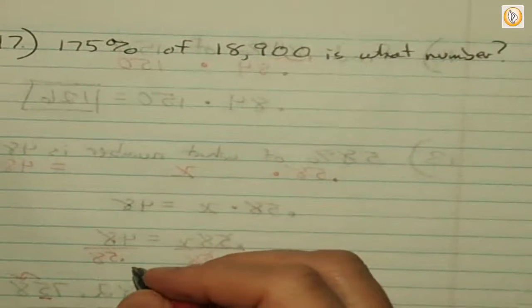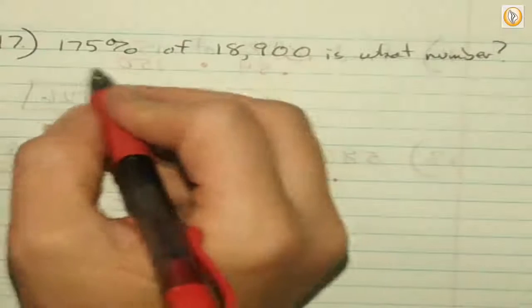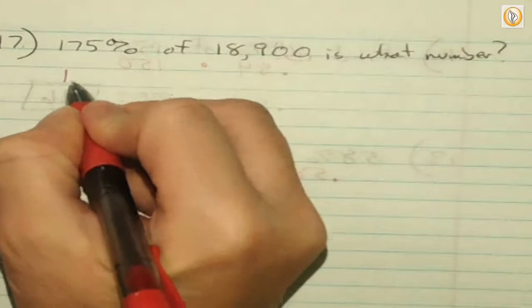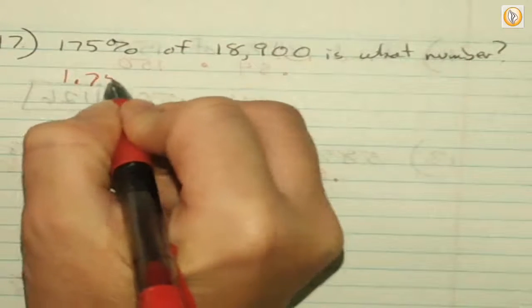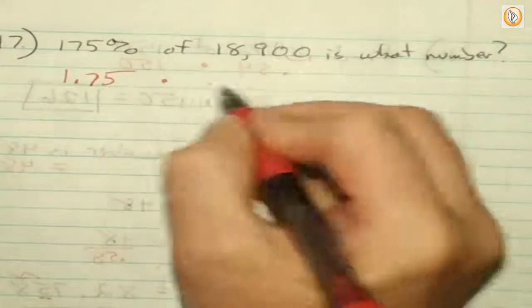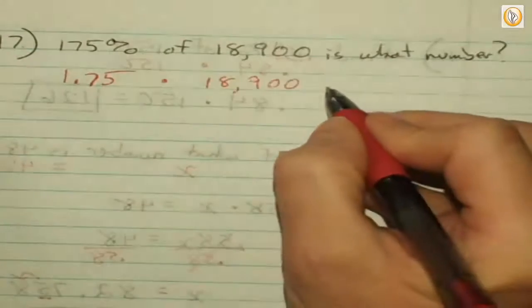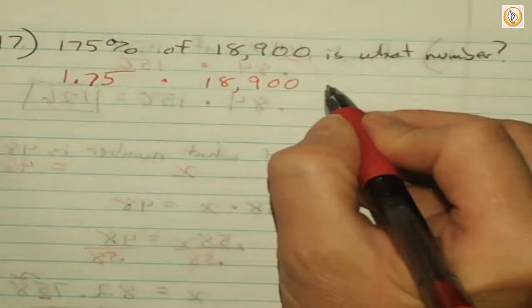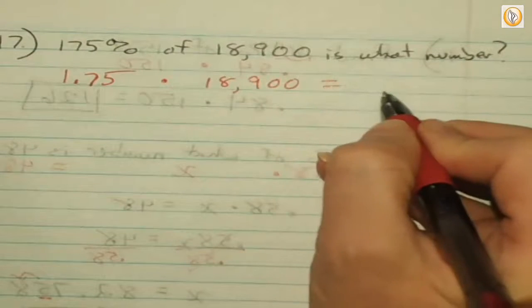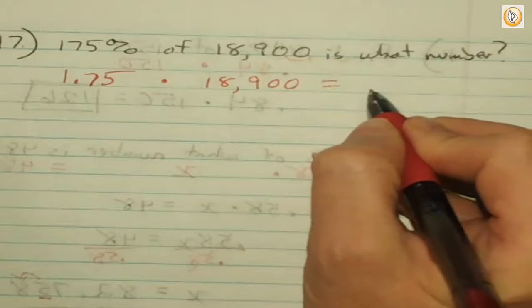So we're changing this to 1.75 times 18,900 equals what? N. Okay, N.